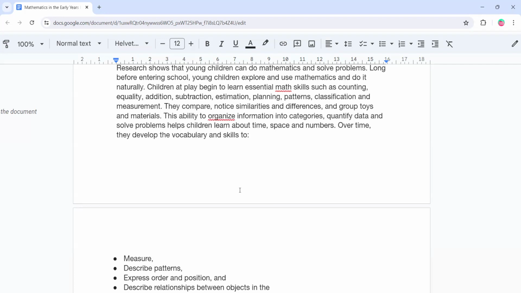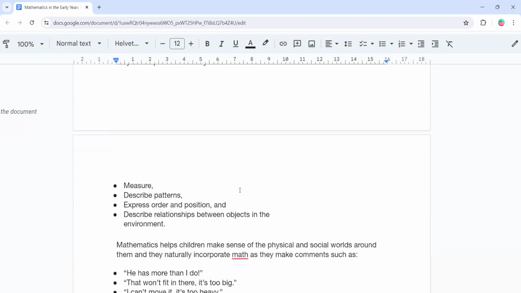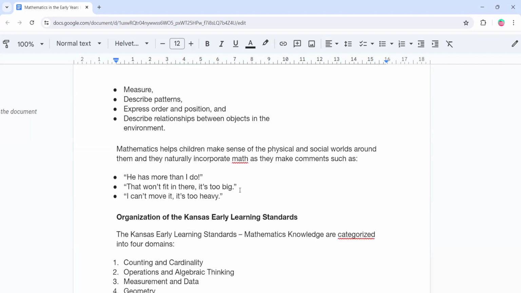They get involved in counting, quantity, addition, subtraction, estimation, planning, patterns, classifications, and measurements in their day-to-day activities at home, in the playground, in the play areas, etc. Being able to organize information into categories, quantifying data, and solving problems helps children to learn about time and space. Over time, by being involved in these things, they develop the vocabulary and skills to measure, describe patterns, express order and position, and describe relationships between objects in the environment.